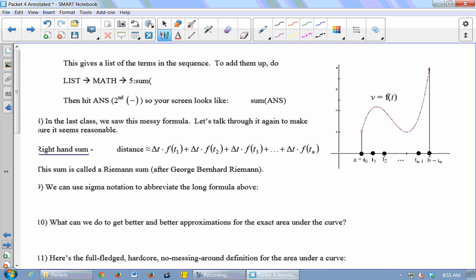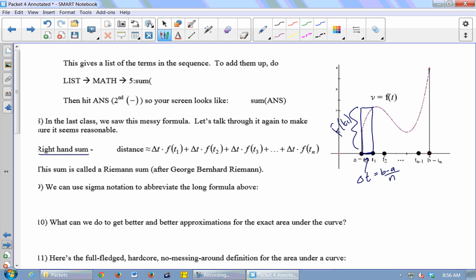So I look at my first interval here from t0 to t1, and I'm going to use the right-hand endpoint, the t1, to determine the height of the rectangle. So I go to t1, I go up to the height of the function, and that's the height of my rectangle on that interval. And then this width is delta t, which we said we calculate by doing b minus a over n. And then the height of this rectangle is f of t1.